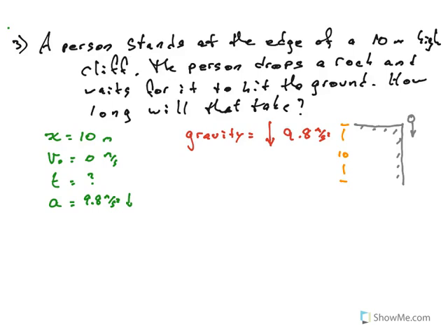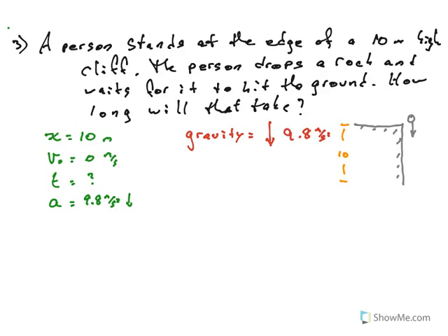There might be confusion when we discuss positives and negatives. So, for instance, if a ball is moving to the right, we say it's moving in a positive direction. If it moves to the left, it's moving in a negative direction. Same thing is true of up and down, vertically. If a ball moves upwards, it's moving in a positive direction. If it moves downwards, it's moving in a negative direction.